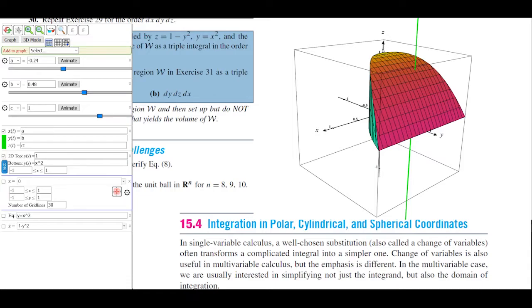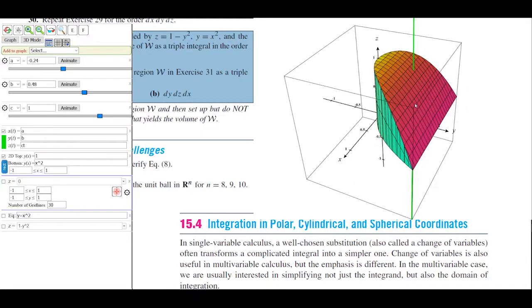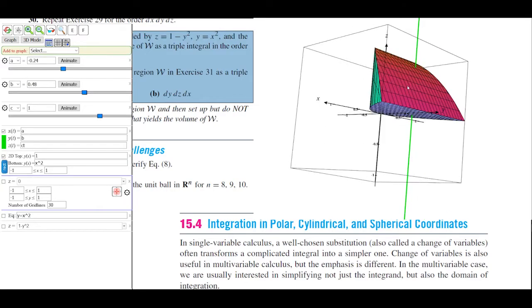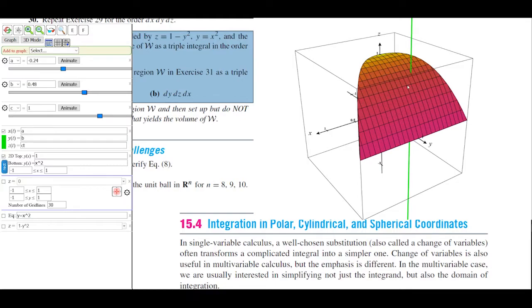So if we're going to do the order dz first, then poke it in the z direction. Then that will hopefully stab two surfaces, and only two surfaces, a top surface and a bottom surface. You want to just identify what the top and bottom surface is. Once you have it identified, that literally tells you what your bounds are for that first inside or innermost integral.